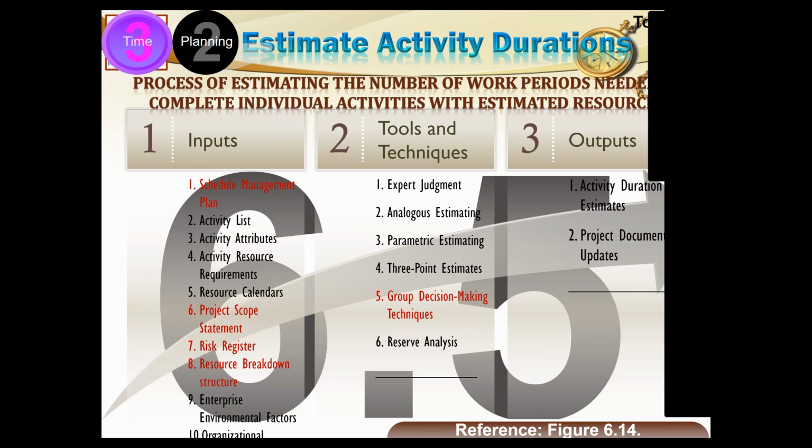Or for that matter, in software, they have parameters defined, like a software engineer can write 200 lines of code per hour.